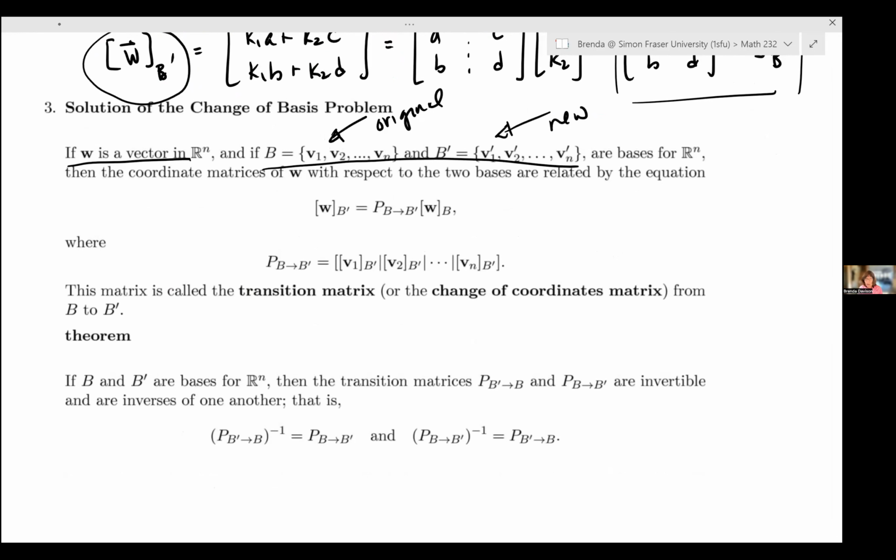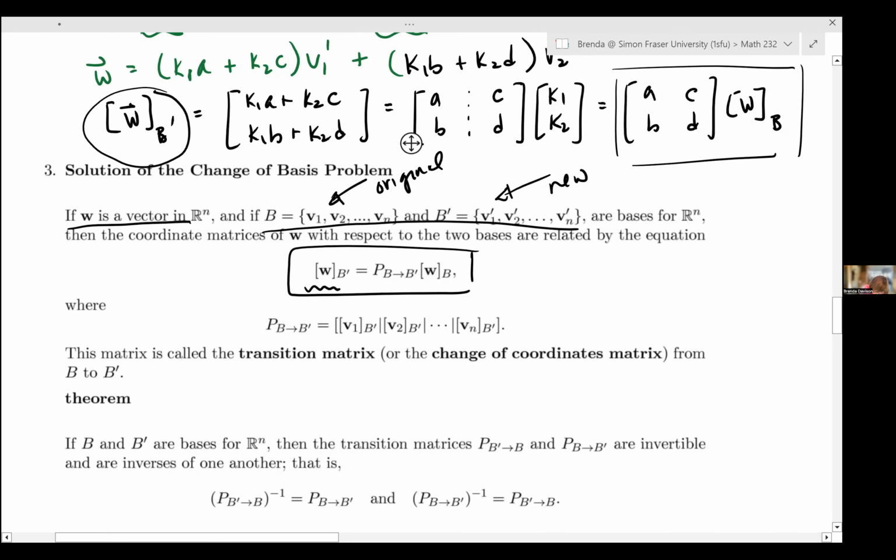We have a vector where we know the coordinates in the basis B. Now what we want to do is figure out the coordinates of that vector in B prime. This is exactly what we did above in the R2 example: what are the coordinates of the vector W with respect to B prime?